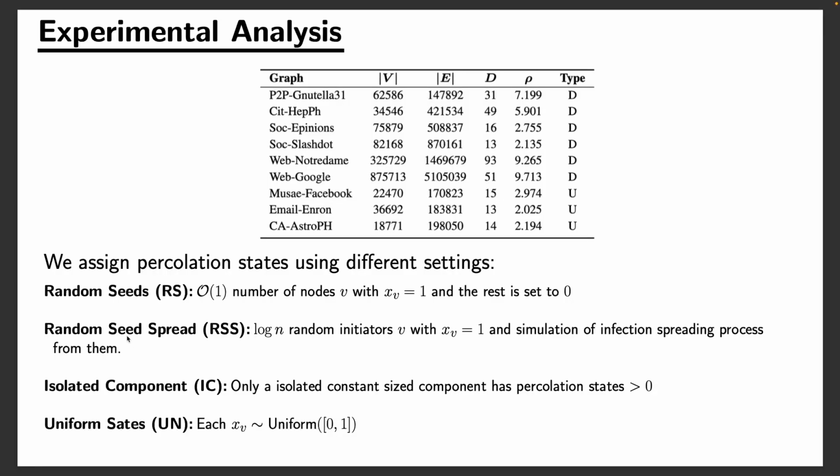Then we defined the isolated component setting, in which, given a graph G from the list of the considered graphs, we set the percolation states of the nodes of the graph equal to 0.